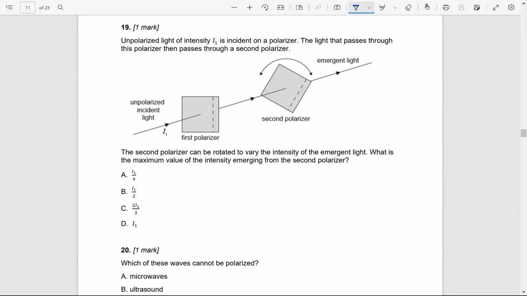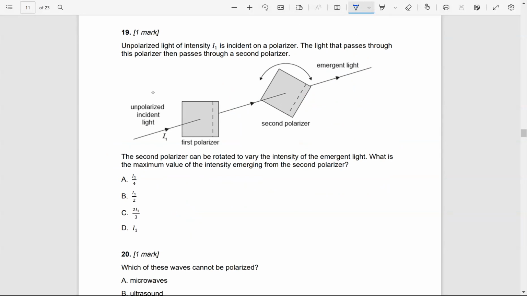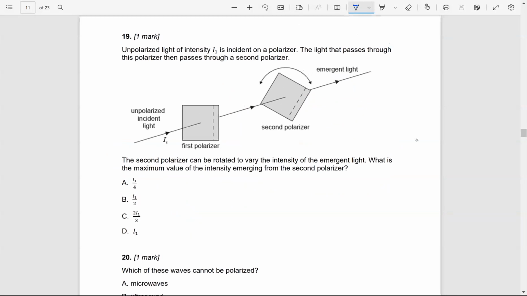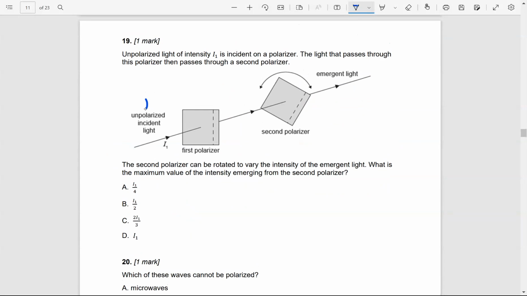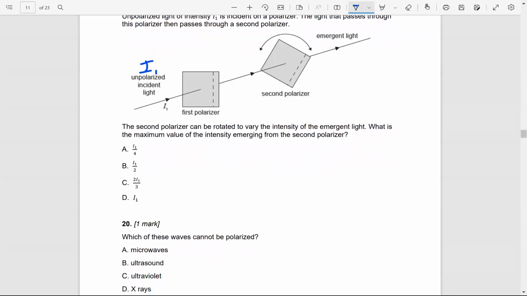Okay, so if we start off with intensity I1, coming through the first polarizer, only the plane of the incident light that is in parallel with the plane of the polarizer can get through.